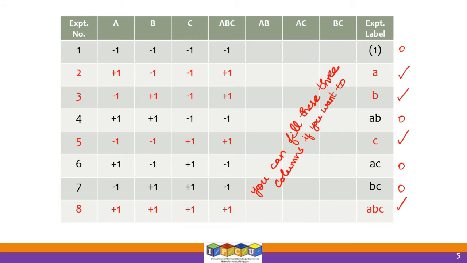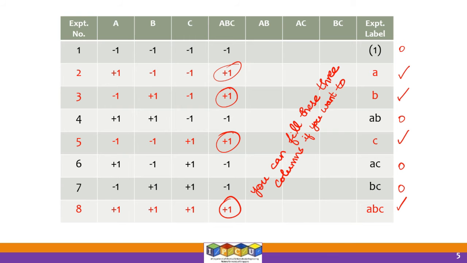So if you look carefully, experiments 2, 3, 5, and 8 correspond to the setting where ABC is equal to +1. So whenever ABC was equal to +1, I've indicated them by red color fonts. That means 2, 3, 5, and 8, these four experiments have ABC equal to +1. And in complement, experiments 1, 4, 6, and 7 have ABC equal to -1.